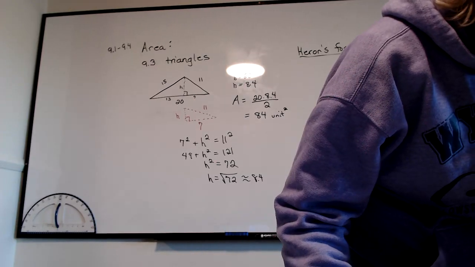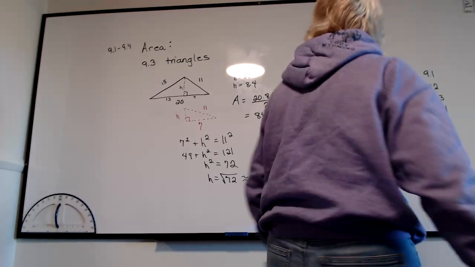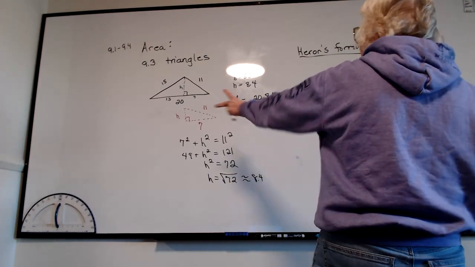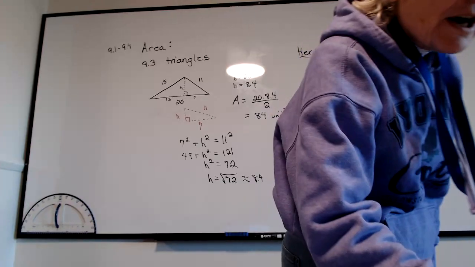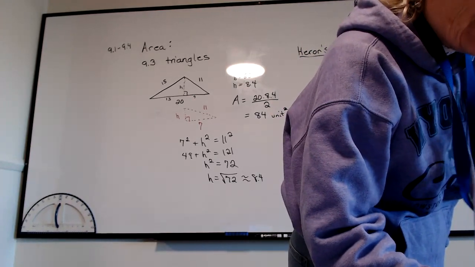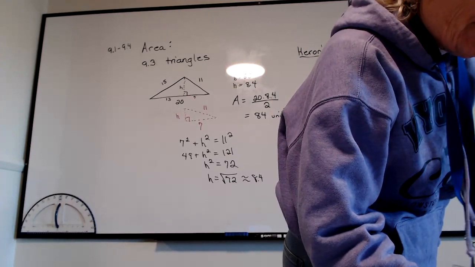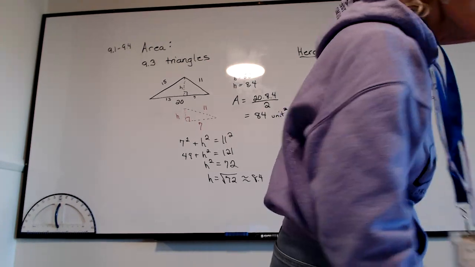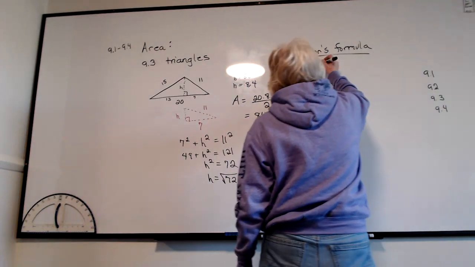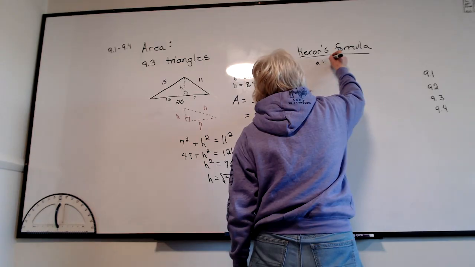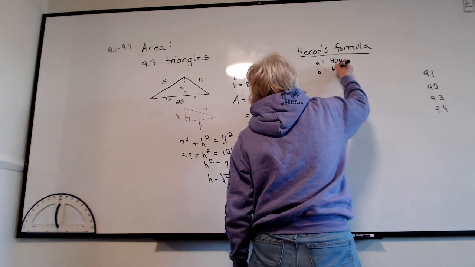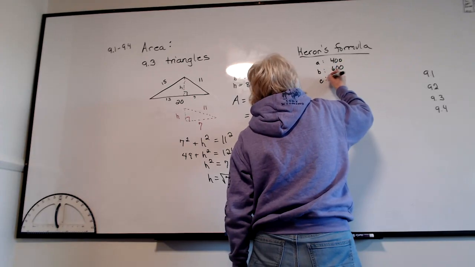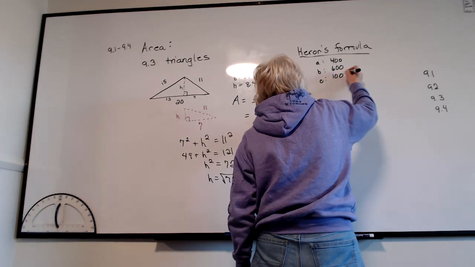So we're going to try it, but I don't have any idea if this triangle works, so we better try a different one. We're going to try a triangle with 400, 600, and 1,000. So A is going to be 400, B is going to be 600, C is going to be 1,000.